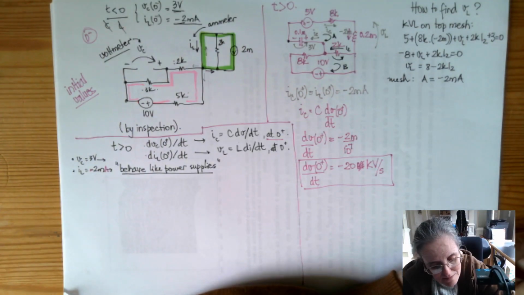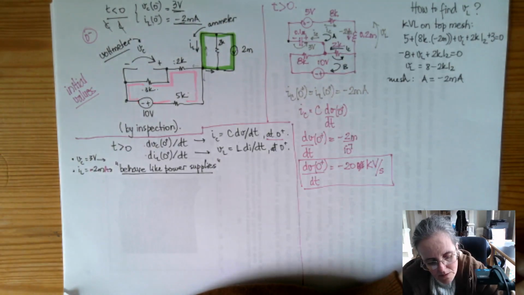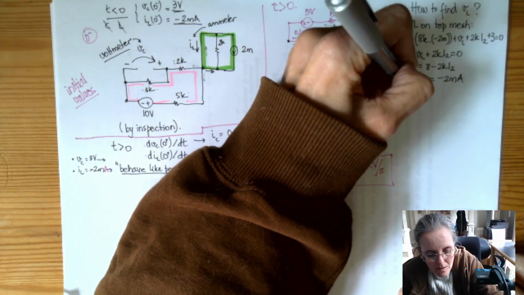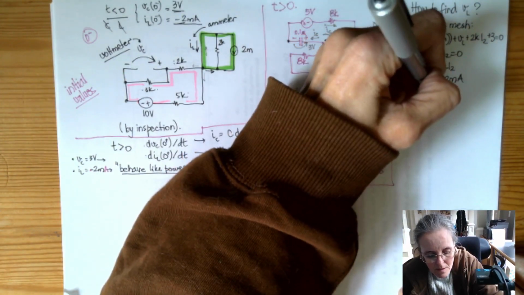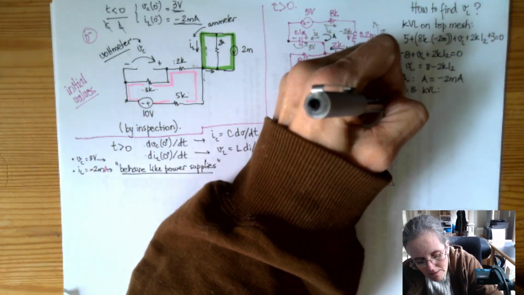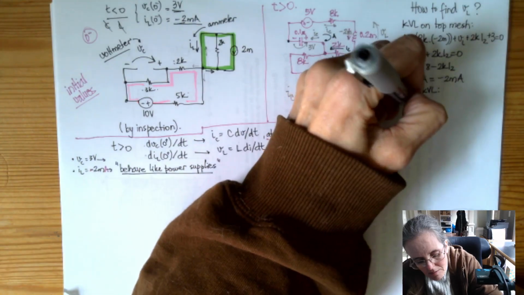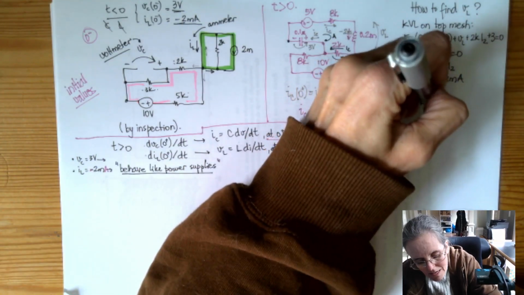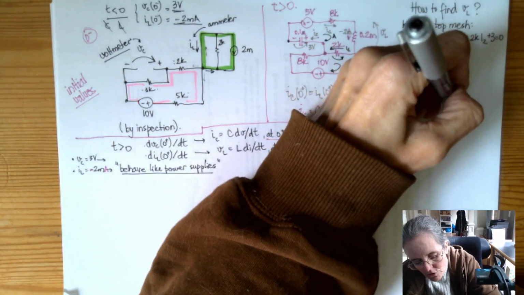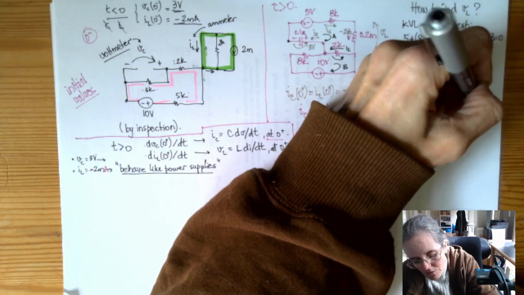So I'm going to write the mesh equation only for mesh B. That's going to be 10 plus 10K IB minus 2K IA equals 0.